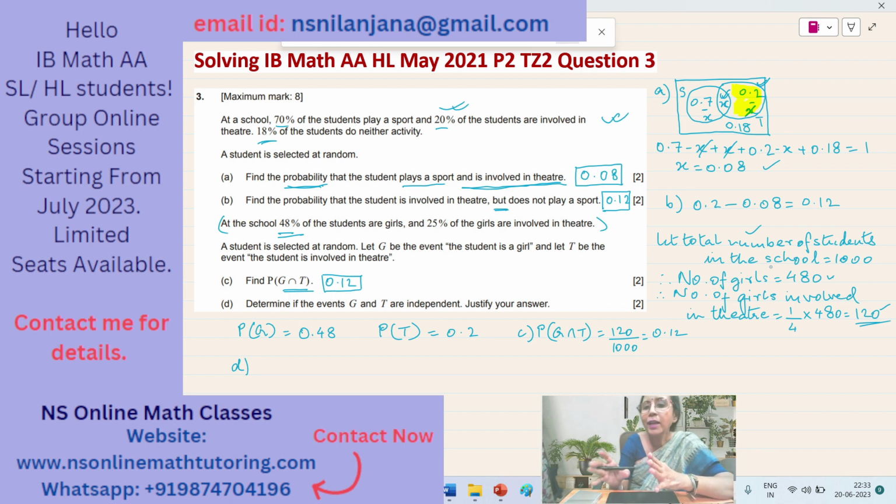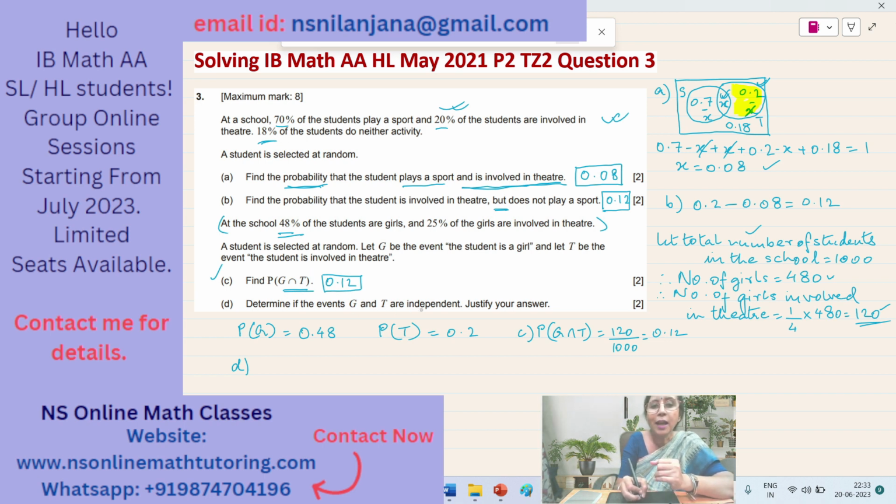So that is why I have taken, let the total number of students in the school be 1000, and then I have just deduced how many girls will be involved in theater, so that I can answer subpart C correctly.